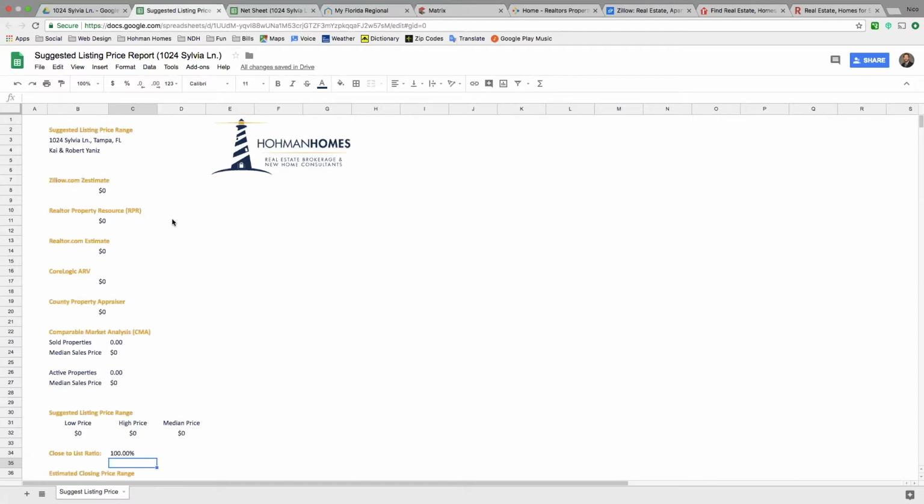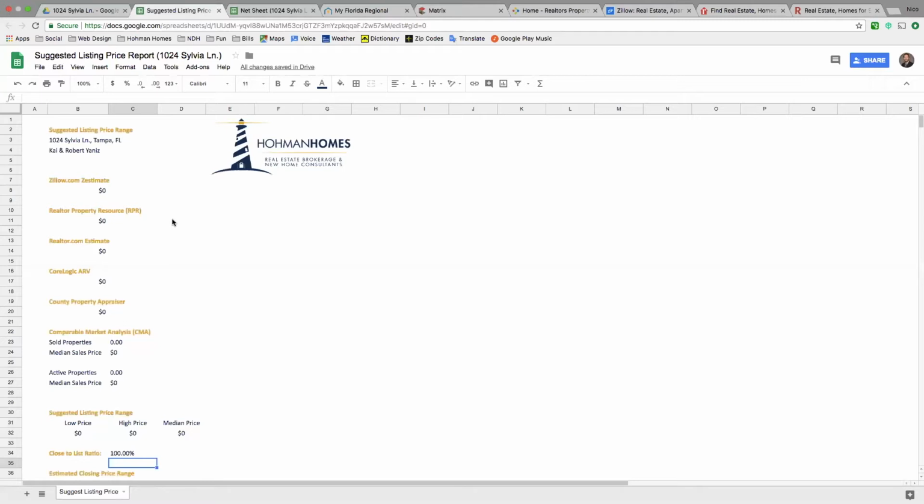There are plenty of other data points that we could use to enter into our model to get a much better average. And that's exactly what we're looking for. We're not saying that Zillow's estimate is correct or that the Realtor.com estimate is correct or that our comps are correct. We're just saying that they are one of several different data points that we can use to get a much closer range to what our home is worth.